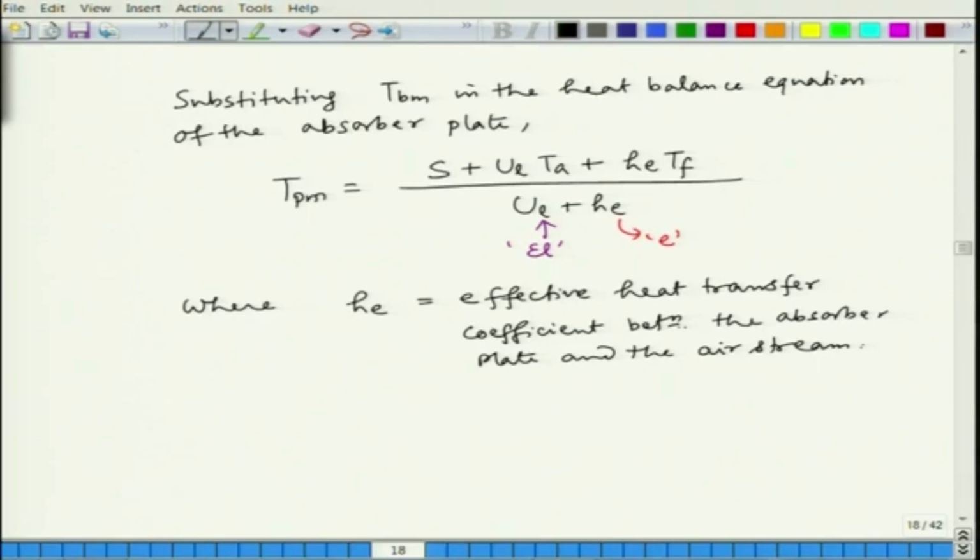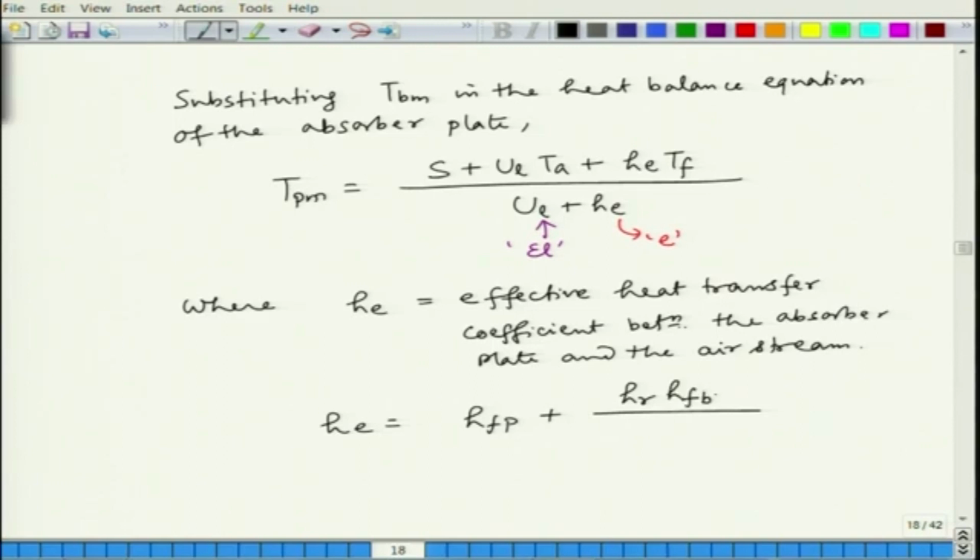Okay. And if you do the algebra, this HE is nothing but the original HFP, which is the direct convection heat transfer coefficient from the plate to the fluid stream, plus the combination of the radiative heat transfer from the absorber plate to the bottom plate and the effective convection coefficient from the bottom plate to the stream.